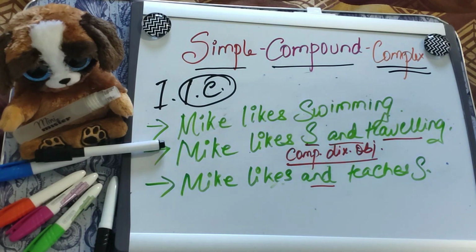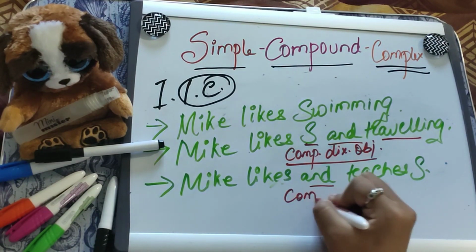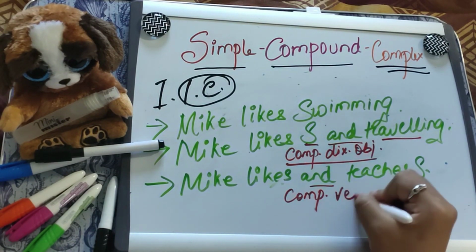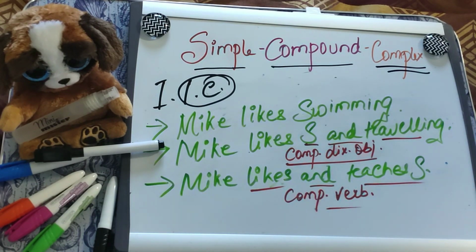Chances are that you will think that yeah, it has an and so it is a compound sentence. But again it is a simple sentence that has a compound verb. The compound verb, likes and teaches, is two verbs added with a conjunction, and.